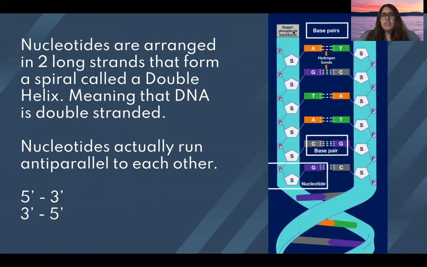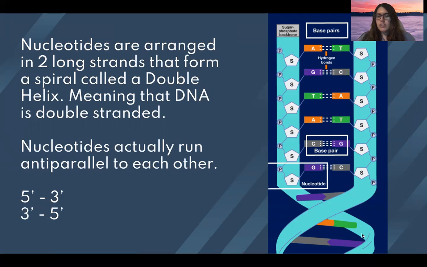When we look at DNA, we can see here, especially in this picture to your right, that DNA is structured in two long strands. Our nucleotides, the monomer for our DNA, are arranged in two long strands that form a spiral.